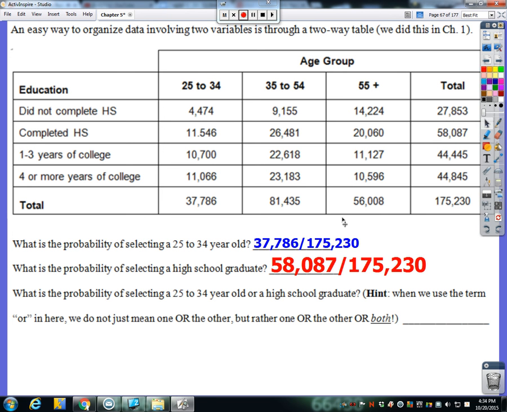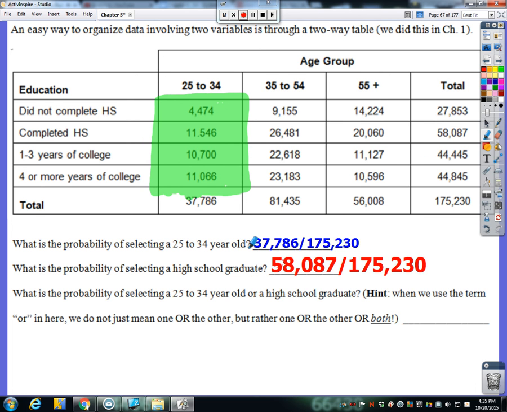But now when we start combining probabilities like we did before, there's an issue in this next one. It says, what is the probability of selecting a 25 to 34-year-old or a high school graduate? Well, our 37,786 people really was a combination of these 4 groups of people. If we added all those together, we'd get our 37,786.